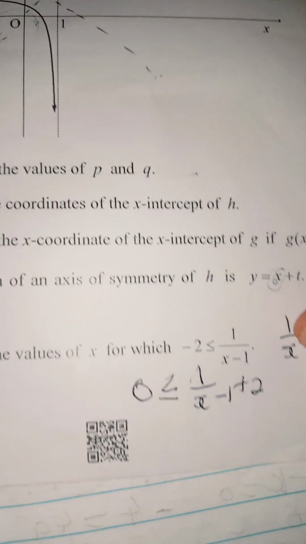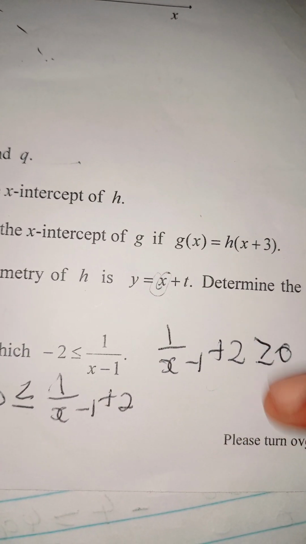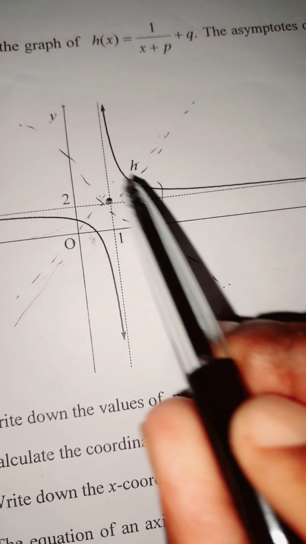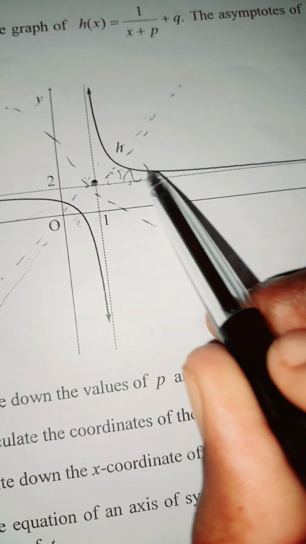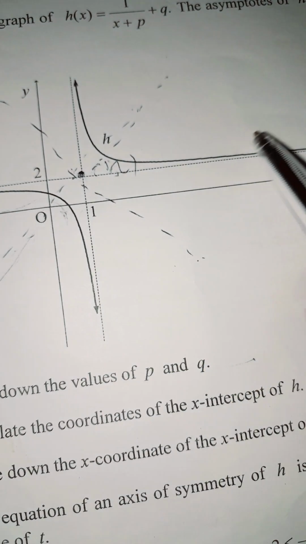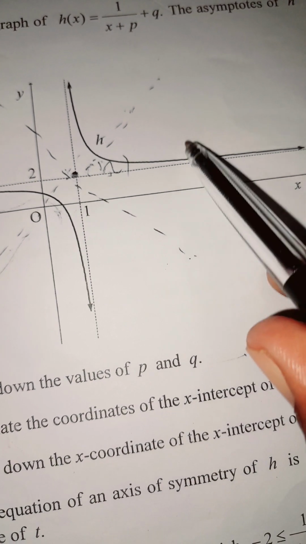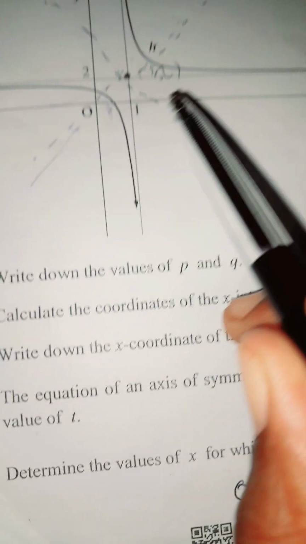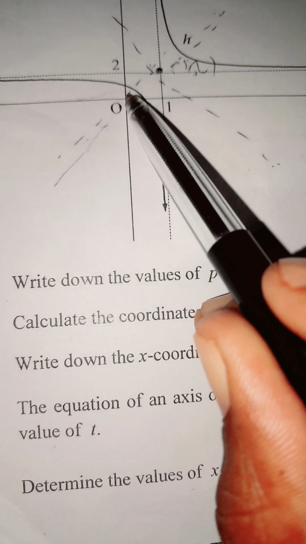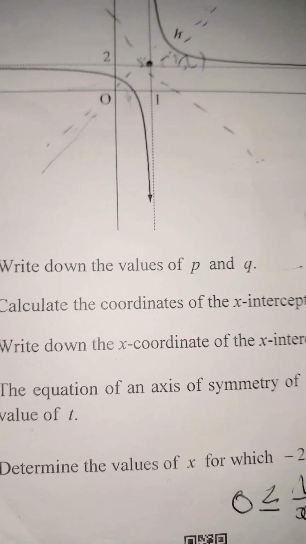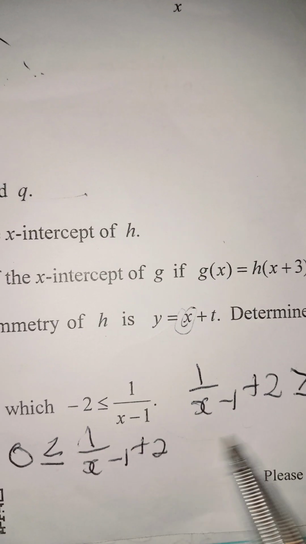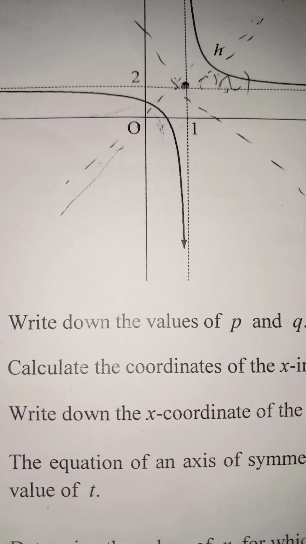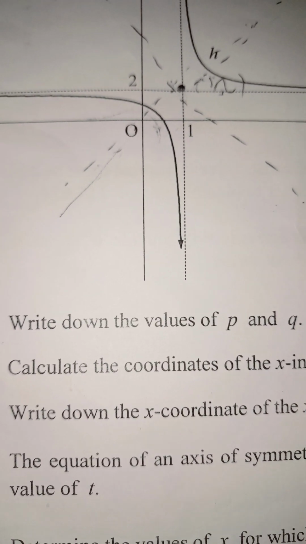Another thing, they are saying where this graph is greater than 0, meaning where it goes above. So from 1 to there, from this graph, we can see that it is always going to be positive and positive. It's above this. At 0.5 here, remember I said that this is where h of x is greater than 0. At half, this is where it's going to be greater than 0. But we need to be very careful.